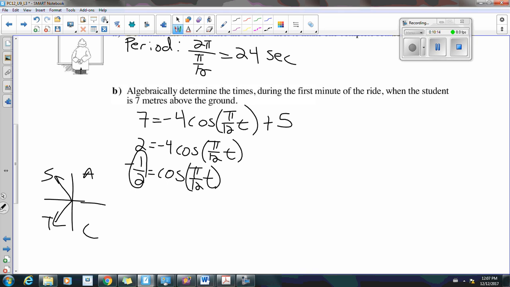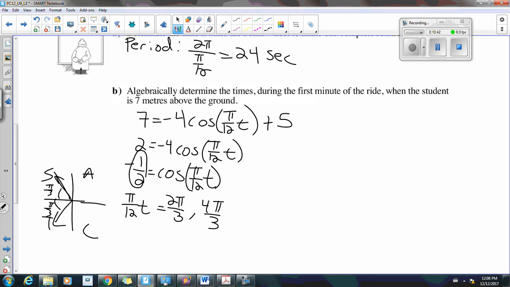Sorry, 60 degrees, which is pi over 3. Or you could use your special triangle or your unit circle to find the reference angle is pi over 3. So this tells us that the pi over 12 times t is equal to, well, the angle in quadrant 2 would be 2 pi over 3, and the one in quadrant 3 would be 4 pi over 3.